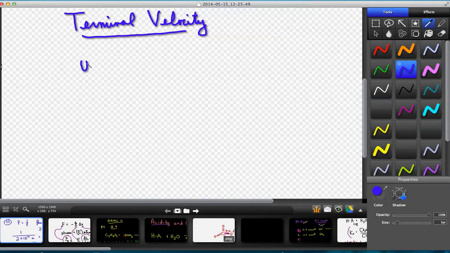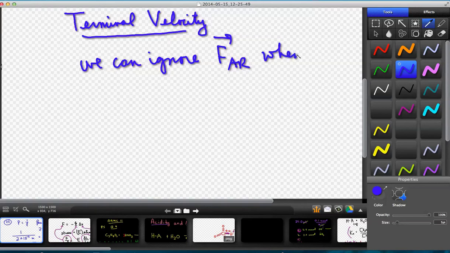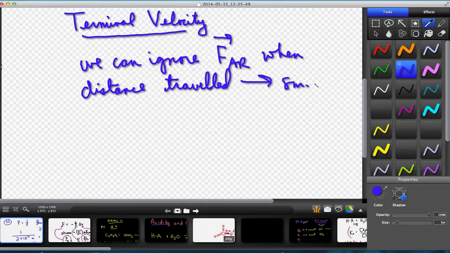So we can ignore the force of air resistance when the distance traveled results in a small velocity. So you can effectively ignore it.